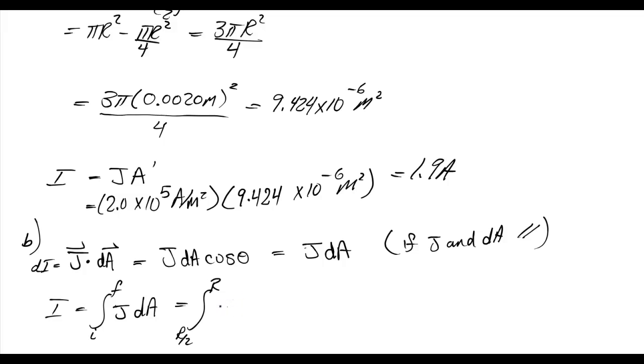And we're told that J is A r squared, and the differential element of area for a cylinder would be the circumference 2 pi r times a small thickness dr. Notice we have some constants in 2 pi and A, so we can take 2 pi A outside, and then we have r cubed dr from R over 2 to R.